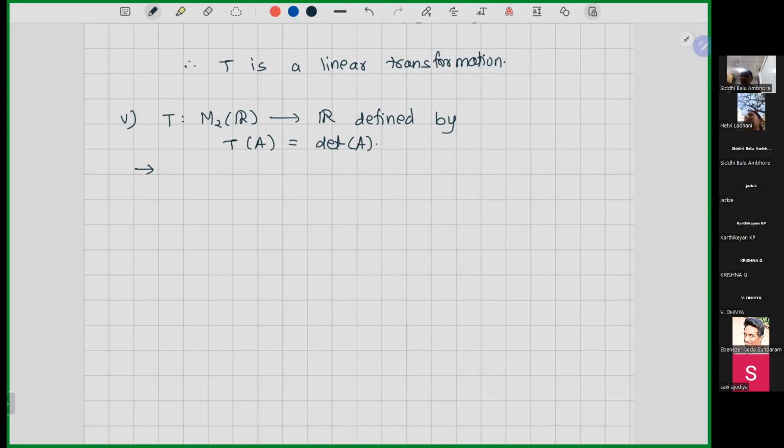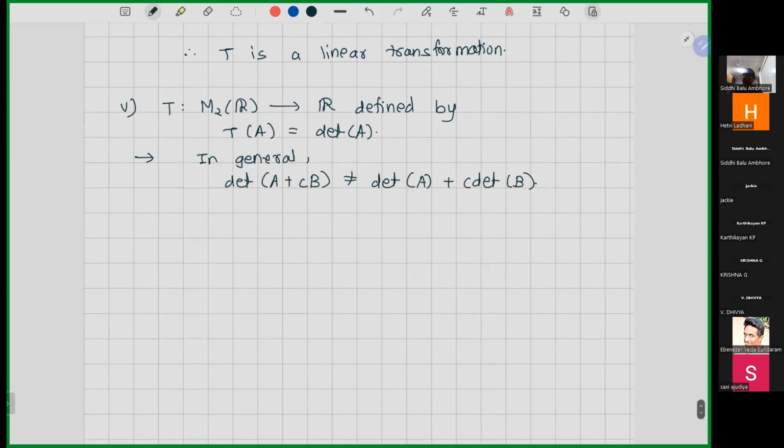So we will try to construct such a matrix here, because in general, T of A plus cB equal to T of A plus cT of B means: determinant of A plus cB is not equal to determinant of A plus c determinant of B.